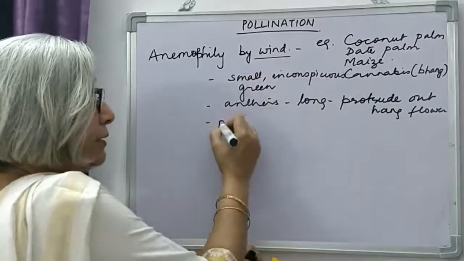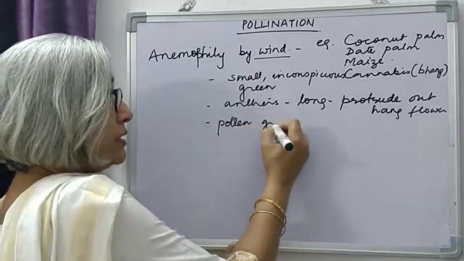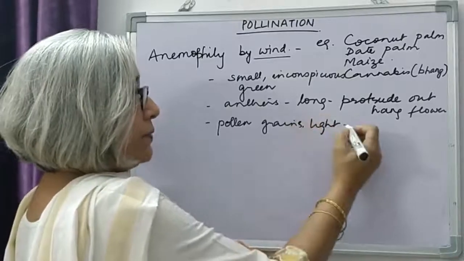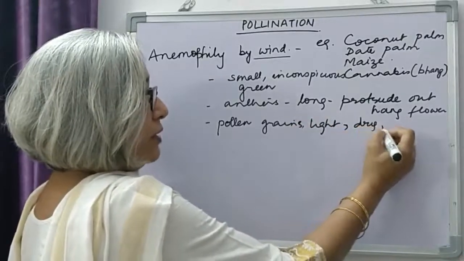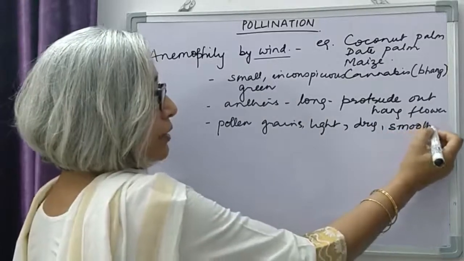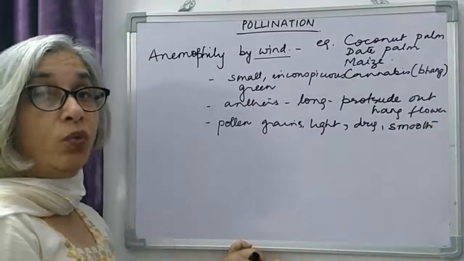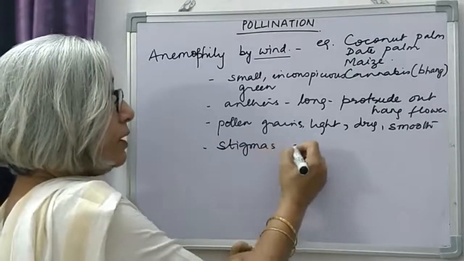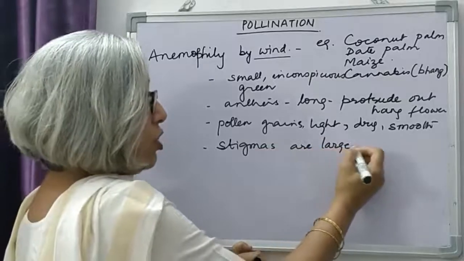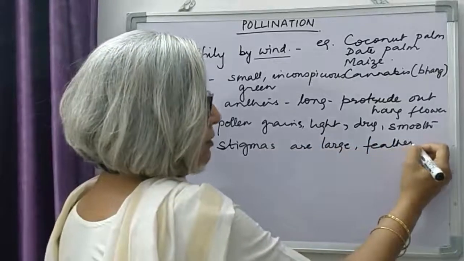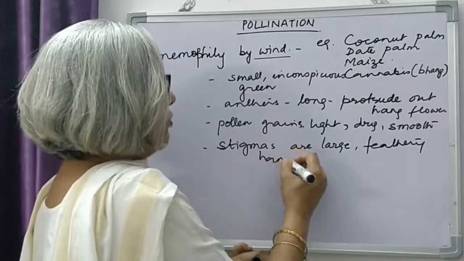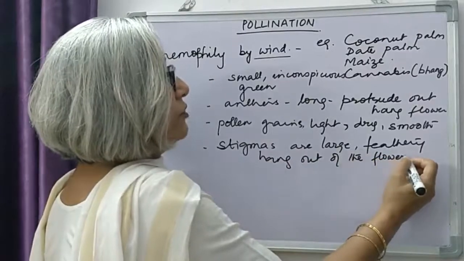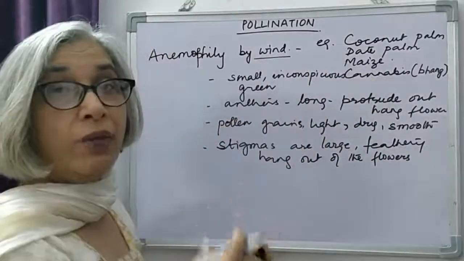The pollen grains are very light. Pollen grains are light, they are dry, they are smooth, so that they can be easily carried away by wind. Now, the stigmas of such flowers are also large, long, they are feathery, and they also hang out of the flowers so that they can easily receive the pollen that is carried by wind.